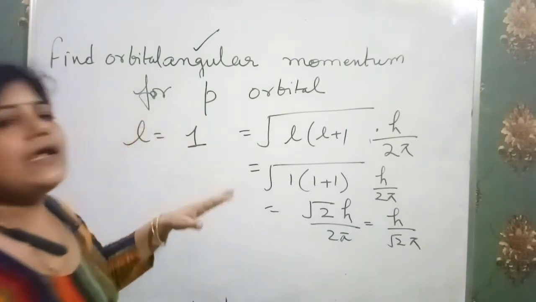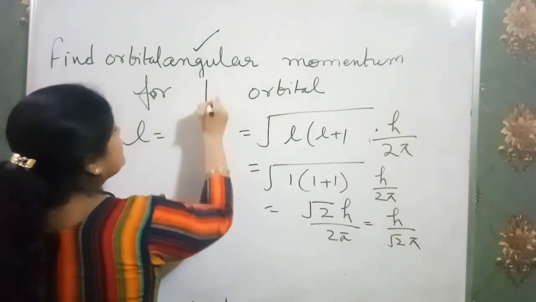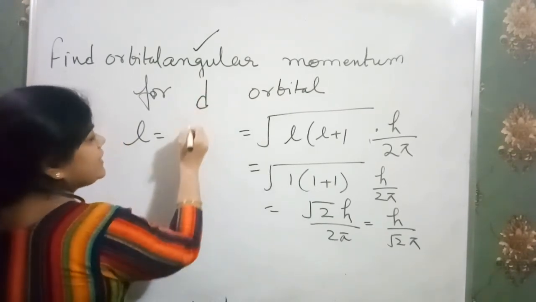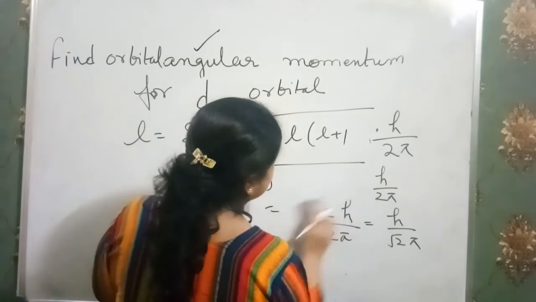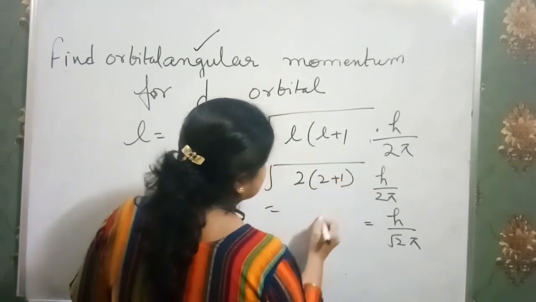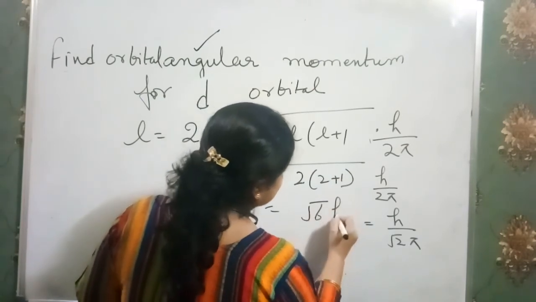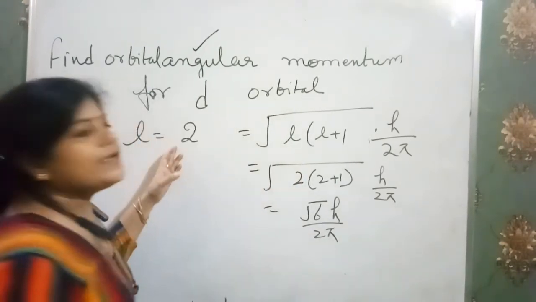This is the orbital angular momentum for the p orbital. Similarly, we can also calculate for d and f. For d we have L equal to 2, so we put 2 plus 1 and we have √6 h/2π. Similarly, for the f orbital we have L equal to 3.